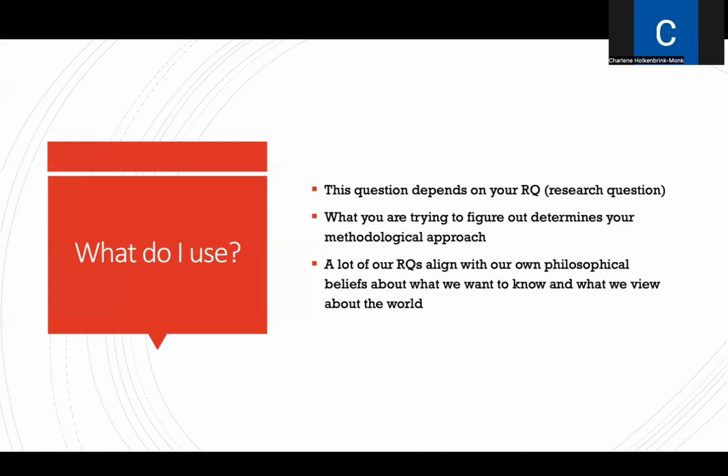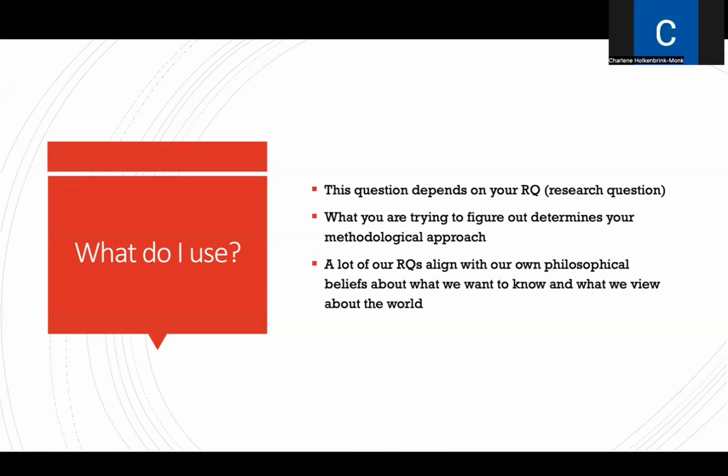Now, which approach do you use? So the first is that it really depends on your research question. Your research question is really always going to help determine what your approach is. It helps determine your methodological approach very much so. Your research questions will often align with your philosophy because your philosophy is helping you understand what's going on in the world, right?